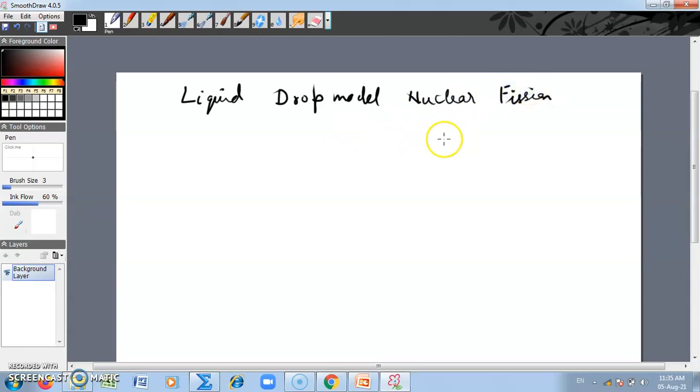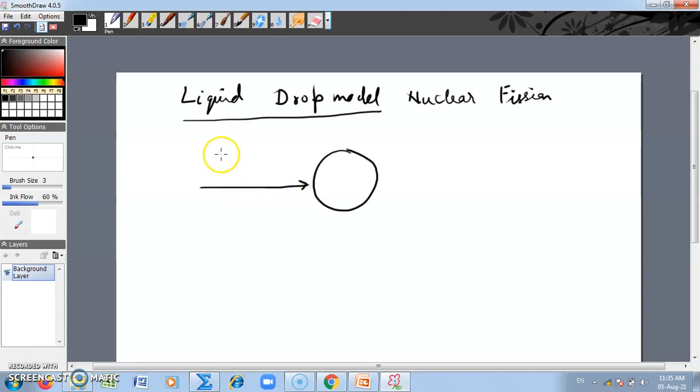So you see, according to this theory of the liquid drop model, a nucleus is just like a liquid. So when a neutron comes and hits it, this neutron gets absorbed here, and then together the neutron and this uranium, or whichever element we are going to bring about fission, become a compound nucleus.